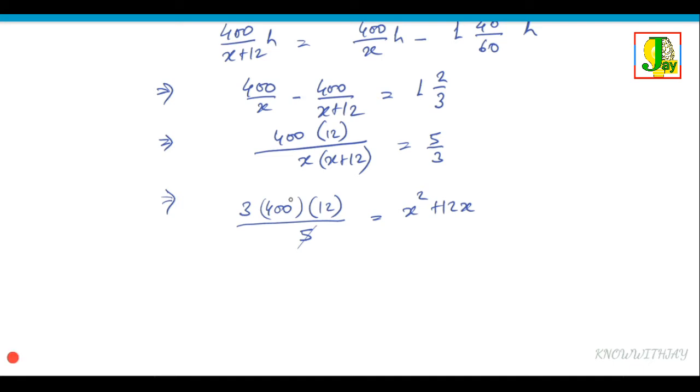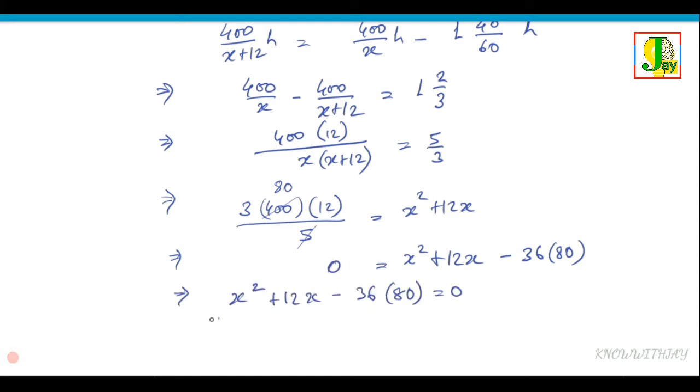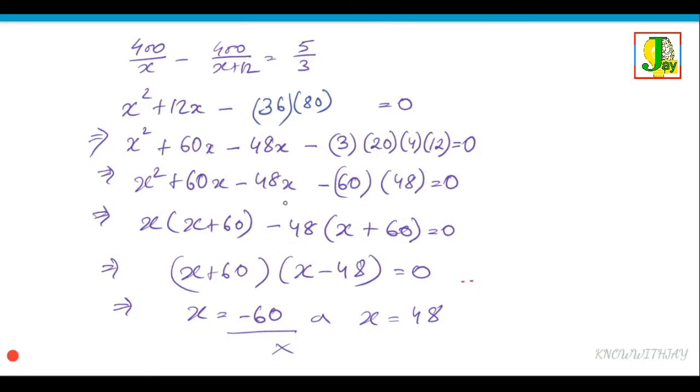So you can cancel 5, 8, 10, so you get x squared plus 12x minus 36 into 80 equals 0. Now you need to solve it. So here is the solution. This is just like the previous one. The only thing here is you have a plus sign in place of the minus sign in the previous one.